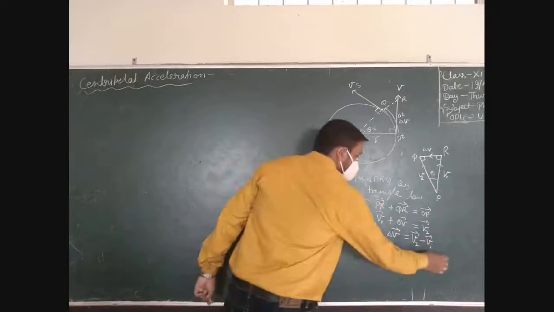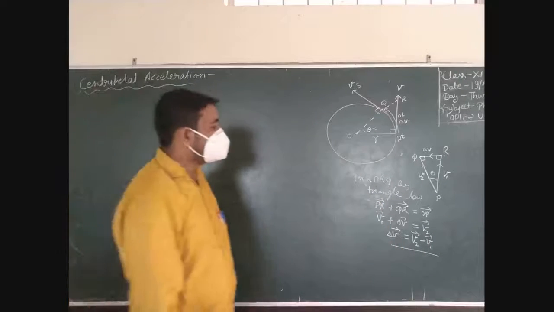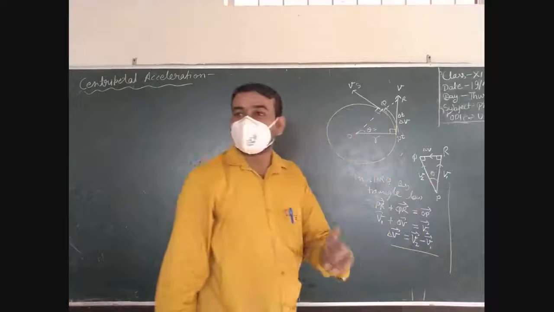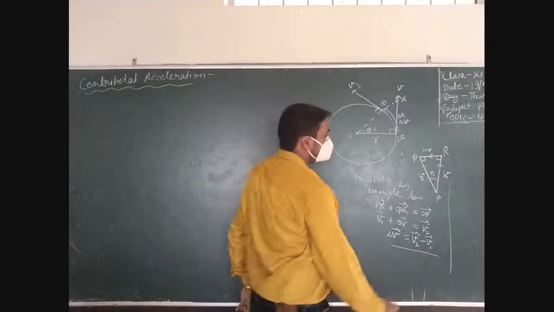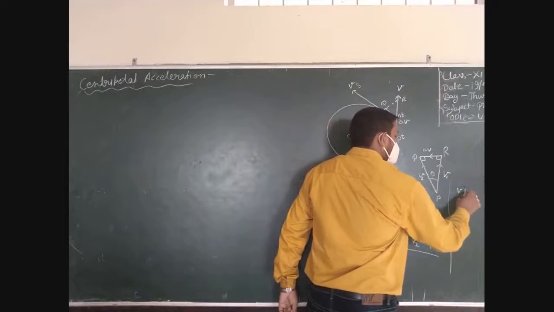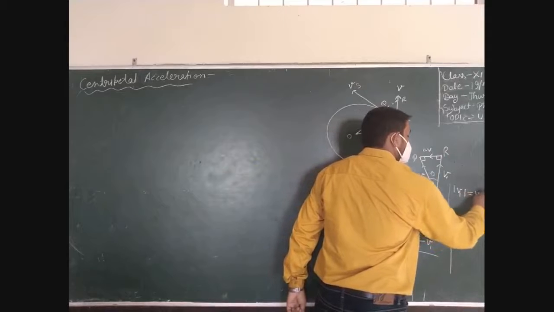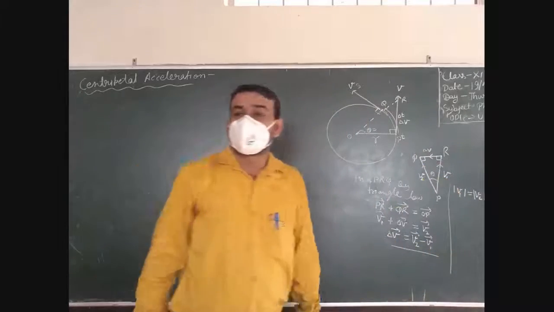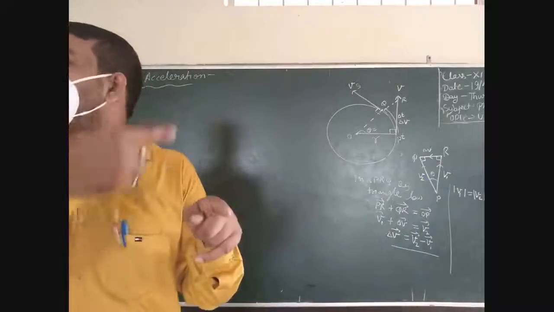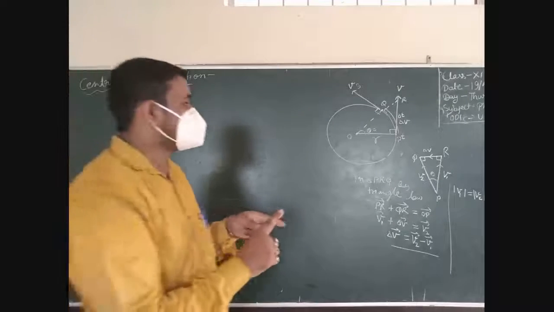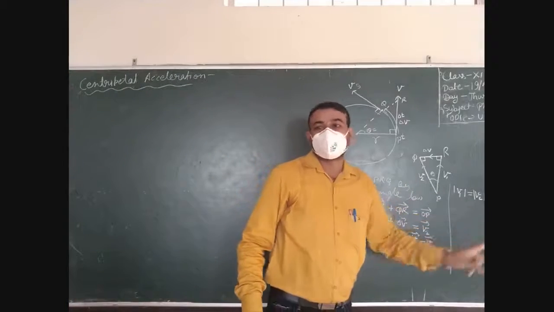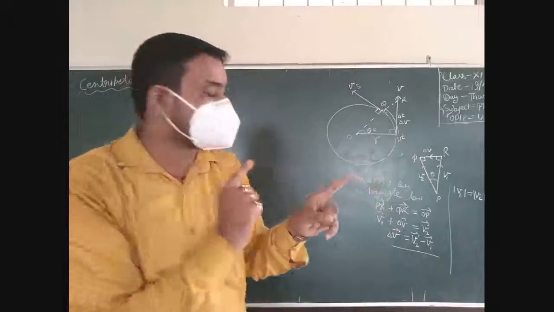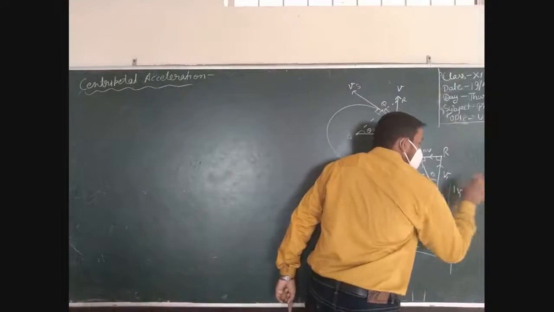Now, two things are to be remembered here. First, the magnitude of velocity v1 is equal to the magnitude of velocity v2. Let's say this is equal to v, because for uniform circular motion, the velocities v1 and v2 have constant magnitude, which means speed is constant during the motion, and it is equal to the magnitude v.